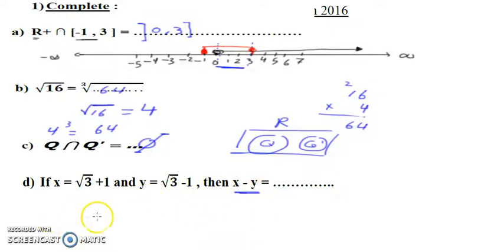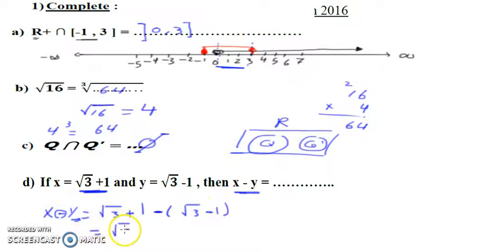So x minus y equals square root of 3 plus 1 minus the following expression, after the negative should be put in brackets. So y equals square root of 3 minus 1.